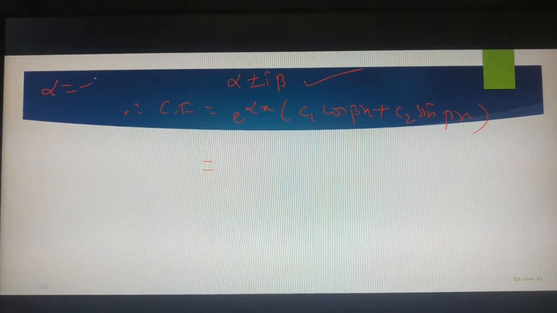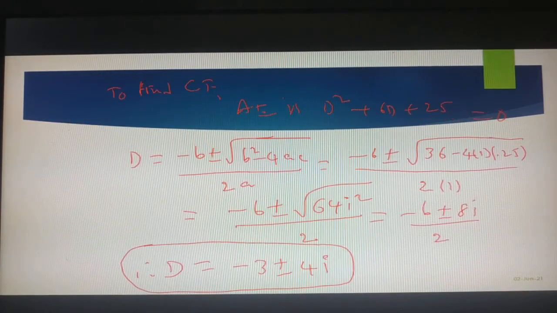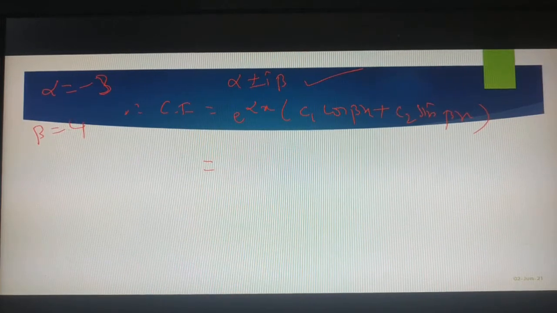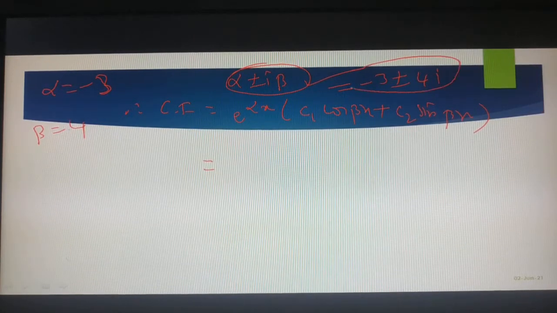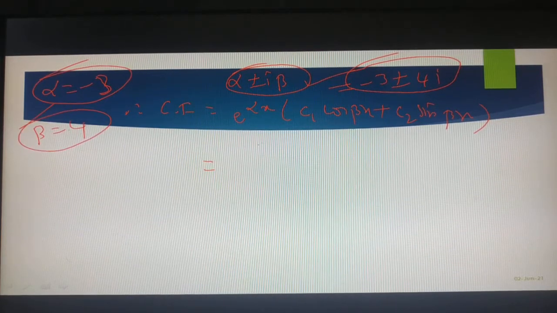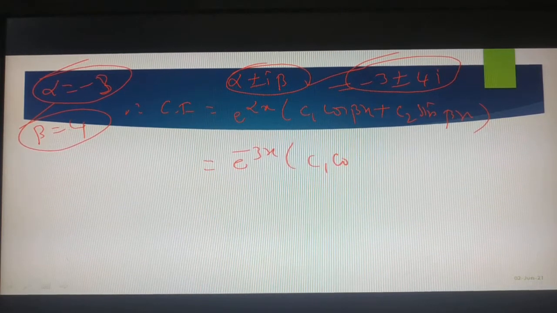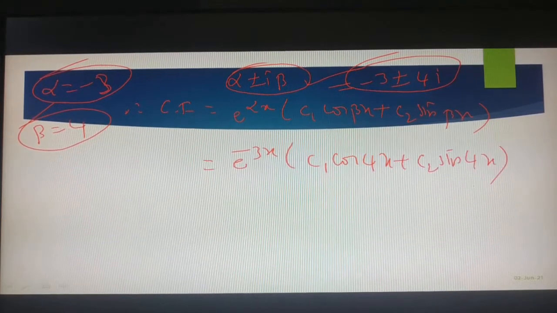Comparing alpha plus i beta with this complex number, the alpha value is minus 3 and the beta value is 4. Try to substitute that: e power minus 3x into c1 cos 4x plus c2 sin 4x.